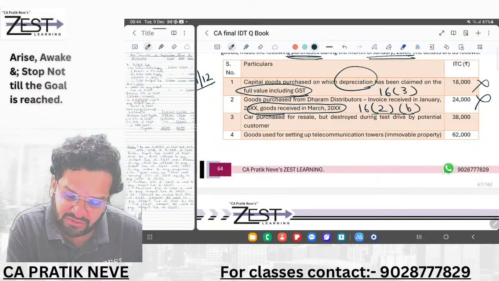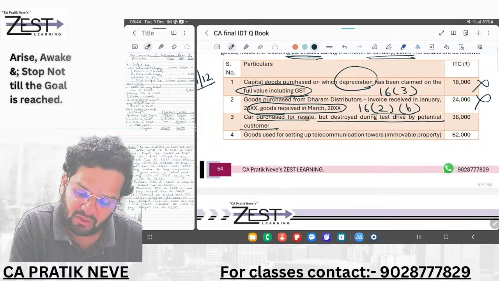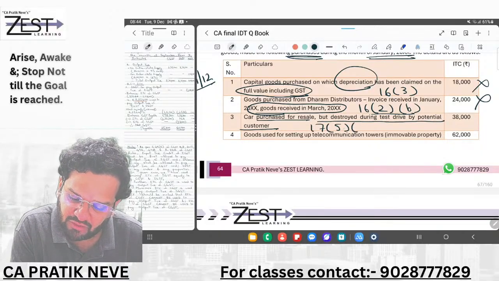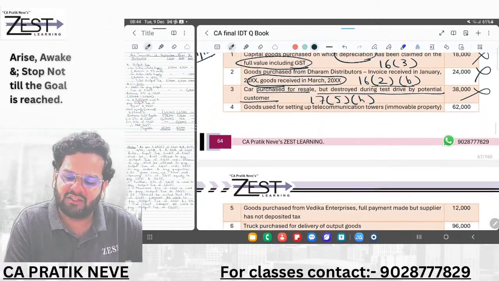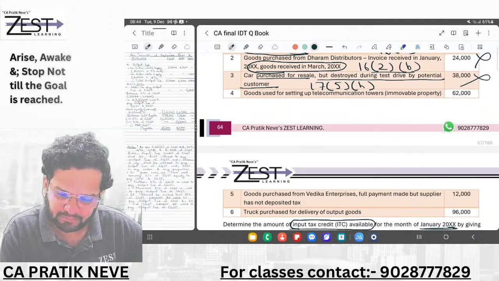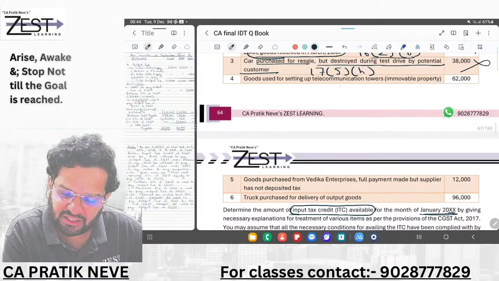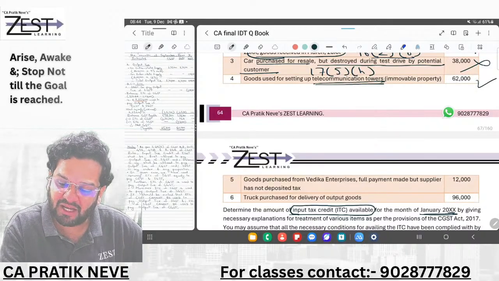Car purchased for resale, very good, but destroyed during the test drive. As we have seen, 17.5(h), goods damaged, destroyed, lost, stolen, written off, and disposed of by way of free samples, gifts, no ITC.